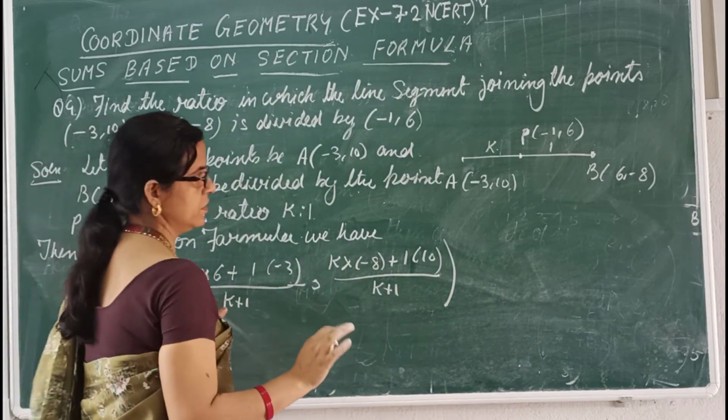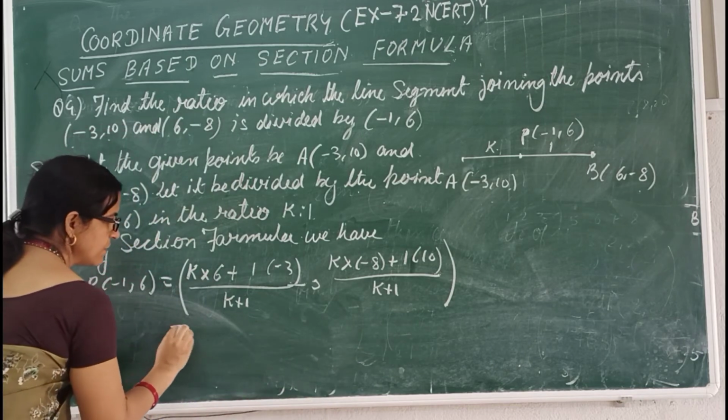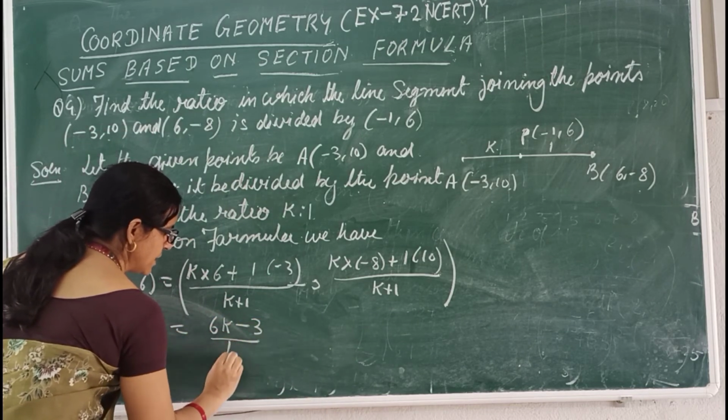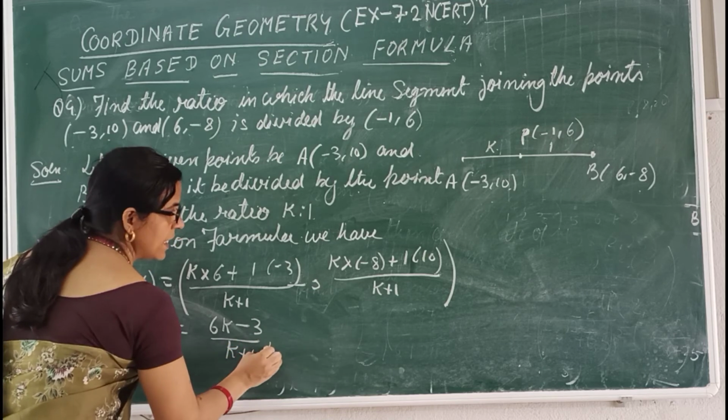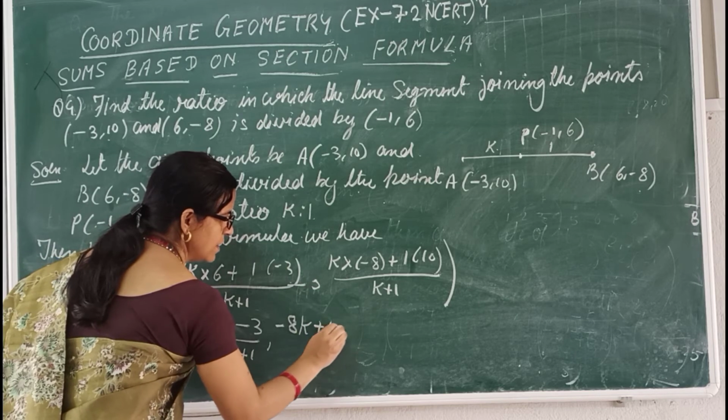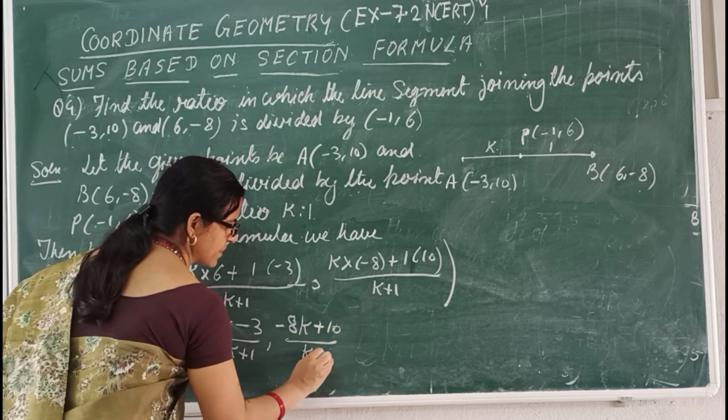You write this properly, okay? So this will be equal to (6k - 3)/(k + 1) and (-8k + 10)/(k + 1).